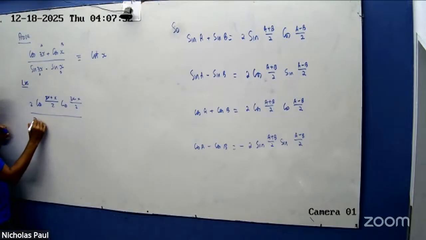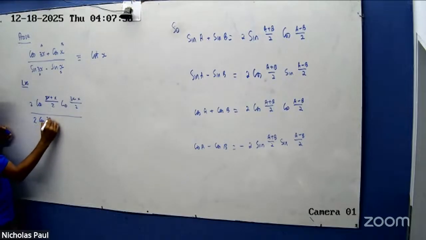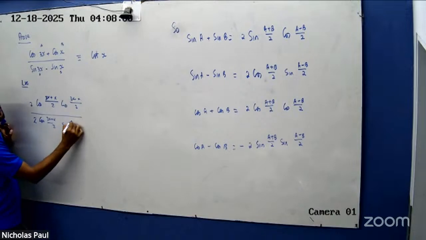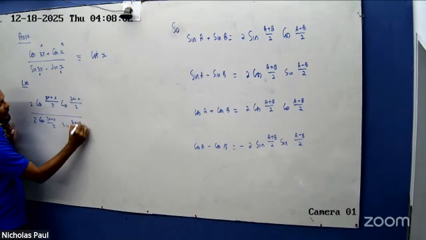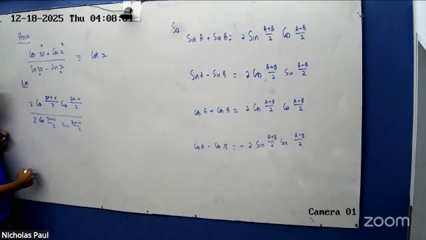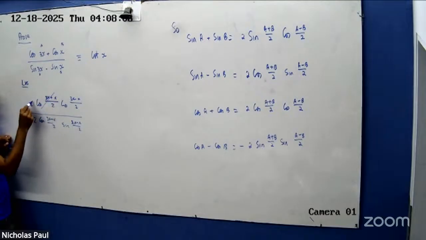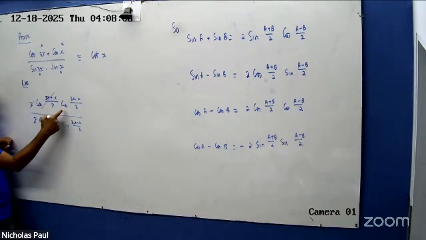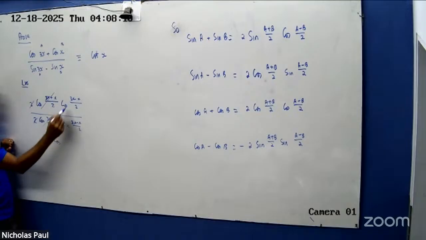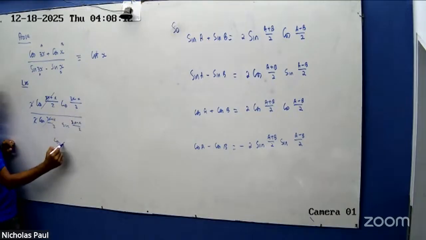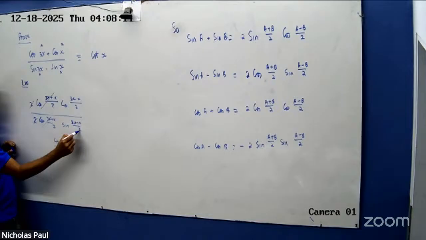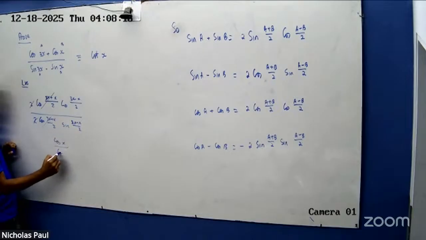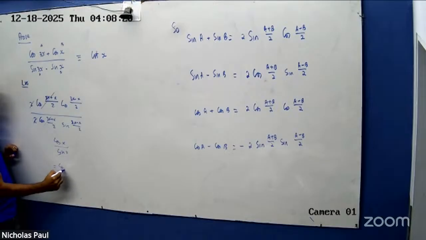Down here you will have 2 cos (3x plus x) over 2 sine (3x minus x) over 2. This will cancel and you'll be left with cos 2x over 2, which is x, which is cot x.